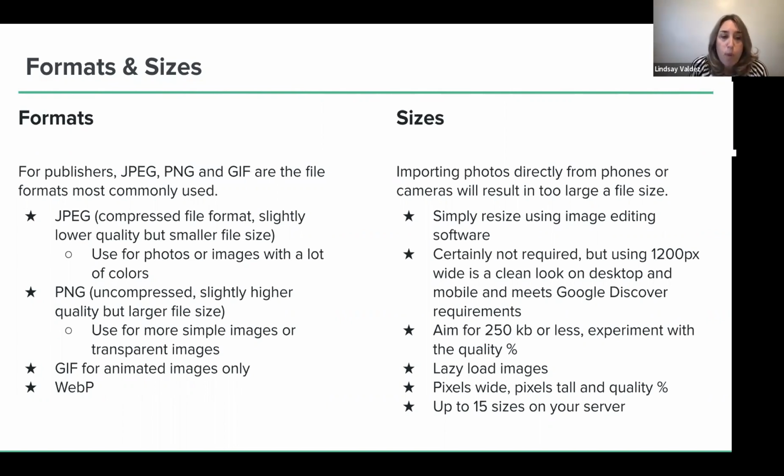I put at the very bottom WebP, which is Google's preferred format. This is considered one of a handful of next-gen image formats. Traditionally, it's been those 3 above it. This is a good option, and up until recently, WordPress would not convert the image.